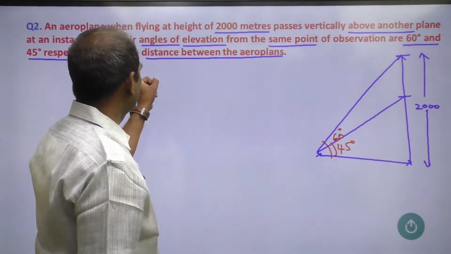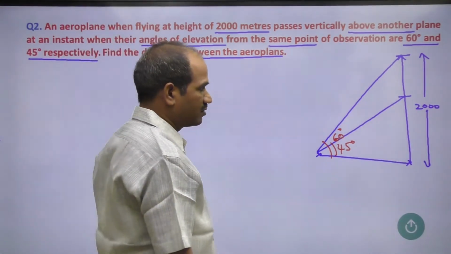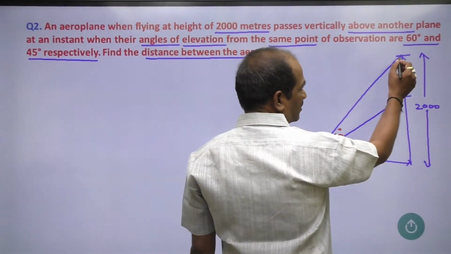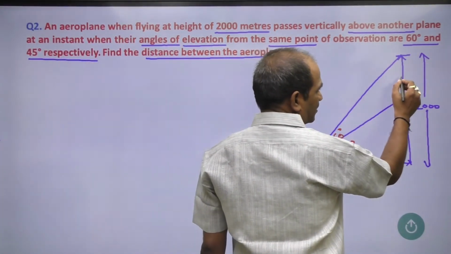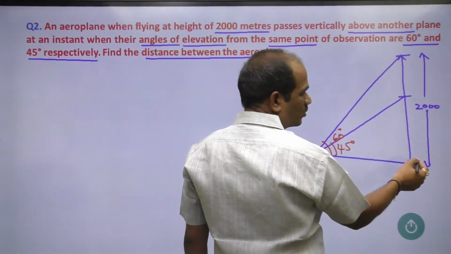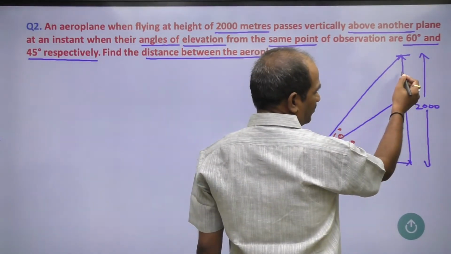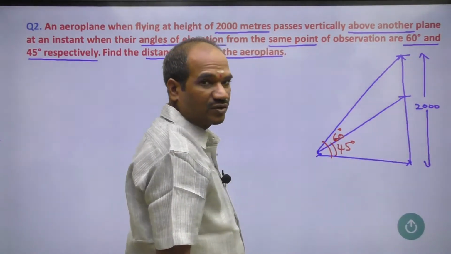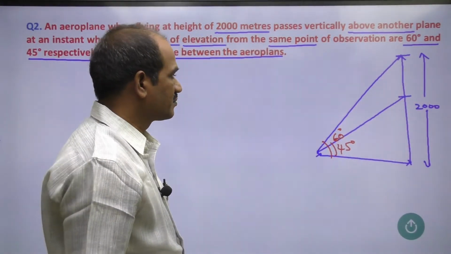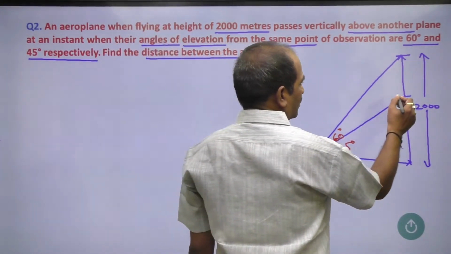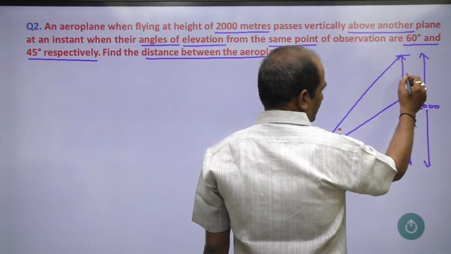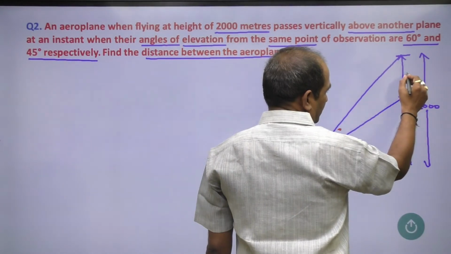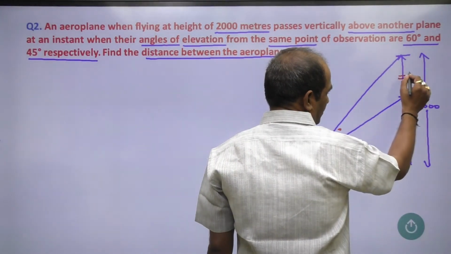So here the distance between the aeroplanes: the first aeroplane, this is the second, and this total distance is 2000 meters. This distance is H meters.